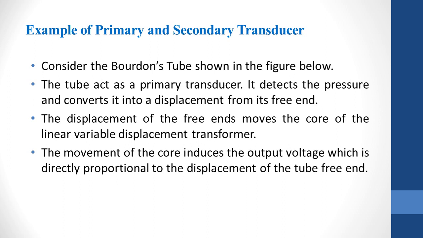The displacement of the free end moves the core of the linear variable differential transformer. The movement of the core induces the output voltage which is directly proportional to the displacement of the tube free end.